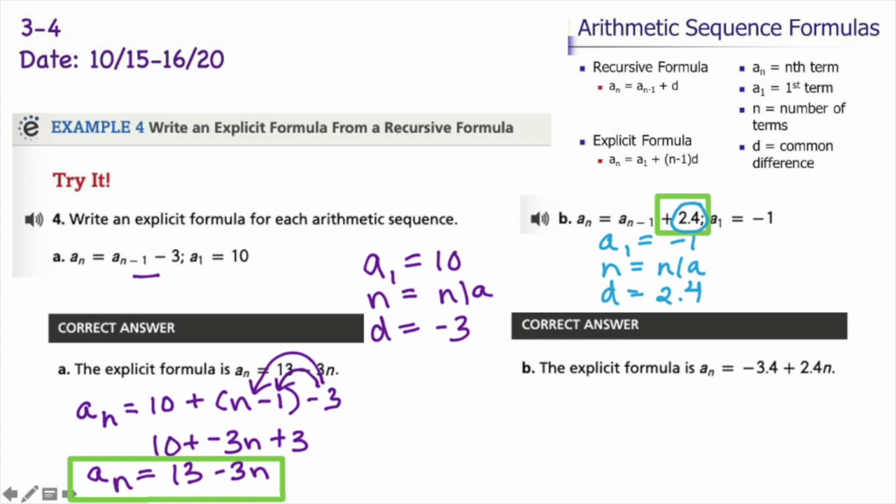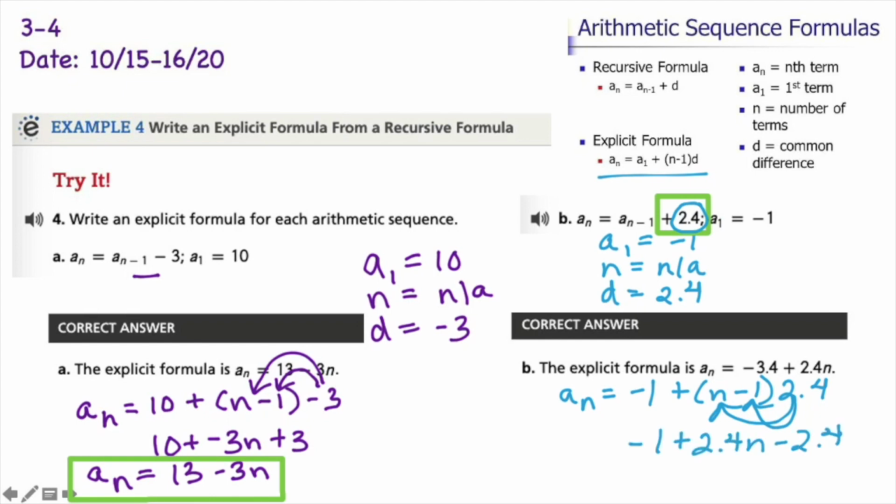So all you gotta do is plug in your negative 1 and the 2.4 into the problem and distribute. So we're gonna rewrite the explicit formula. So we got negative 1 plus n minus 1 times 2.4. So you're gonna distribute the 2.4 in, and you get 2.4n minus 2.4. And then you can add negative 1 and negative 2.4 together.